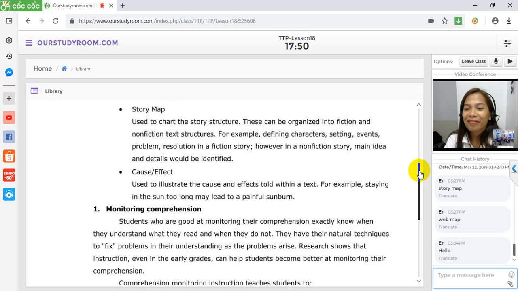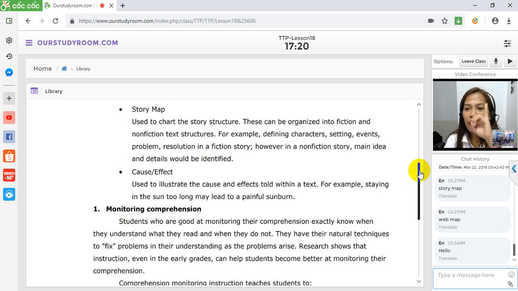If they don't understand, I explain the meaning of the new words in the text. And after reading, I ask students to answer questions around that.